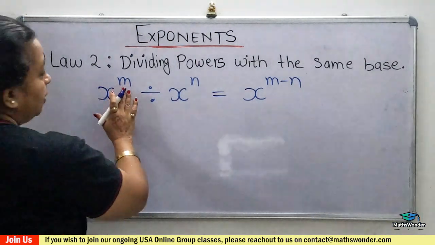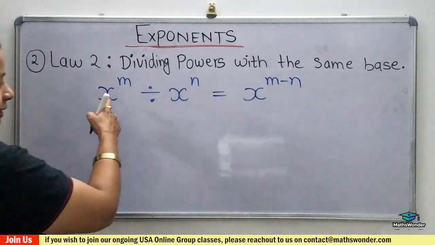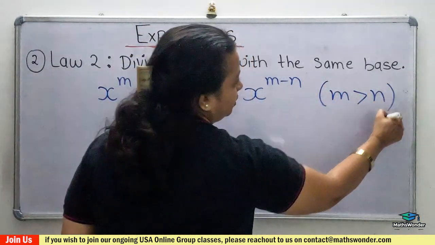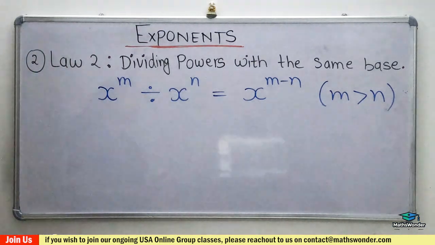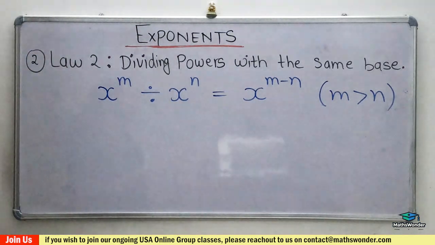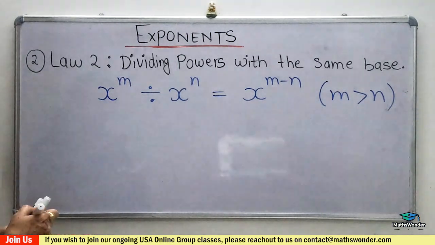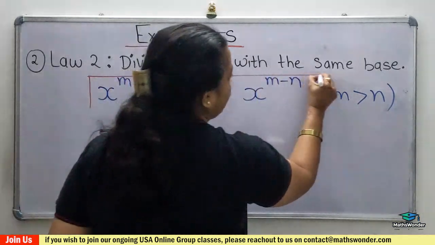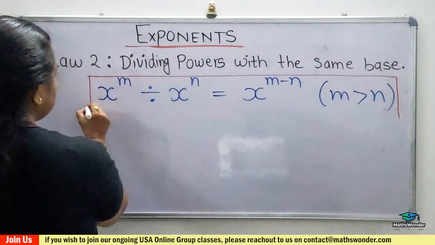I will break it down, see. But the condition here is that m must be greater than n. Okay? When m is less than n, then we have a different law, and I will explain it in the last law. So in this part, I have explained where m is greater than n. Then only you can use this part.